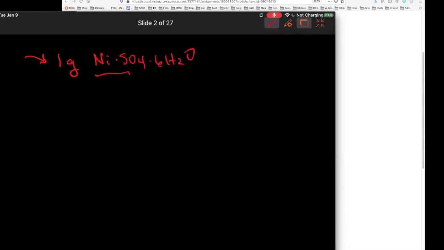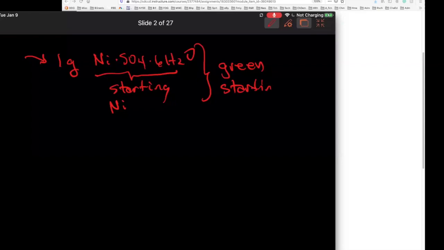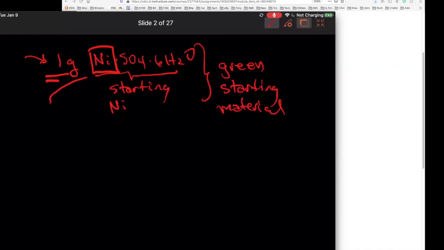This is your starting nickel. This is your green starting material. And the reason why we're using the starting material is because the starting material has nickel in it. So we take about the 1 gram and we prepare about a 50 milliliter solution.